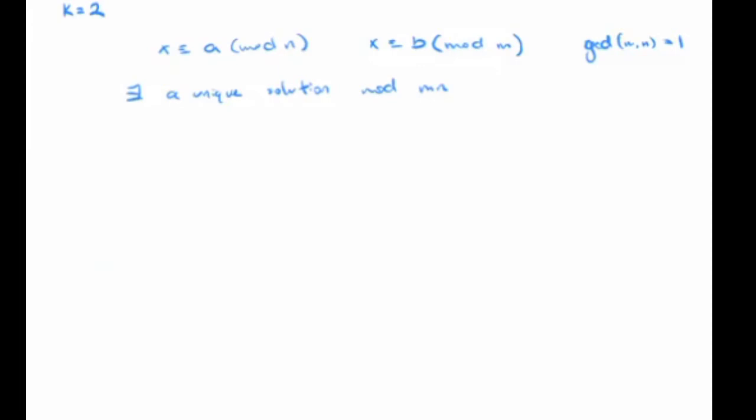Okay. Well, we first prove this is unique, right? Let's get a general overview first. For example, we can let x equal 1 mod 5 and 2 mod 3 or something like that, right?